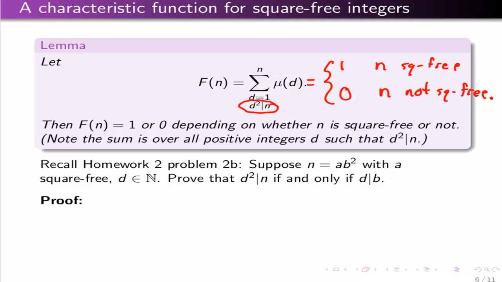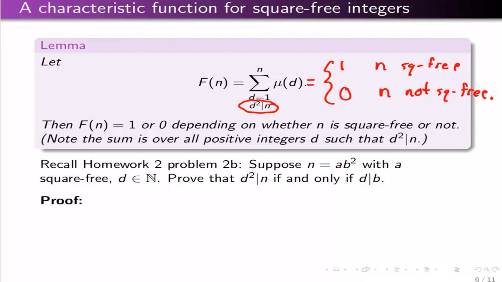Square-free again means it's a product of distinct primes. Now, to prove this, we'll recall a homework problem. So we showed that every integer can be uniquely expressed in the form a times b squared, where a is square-free. And as a consequence of that, you prove that d squared is a divisor of n if and only if d is a divisor of b.